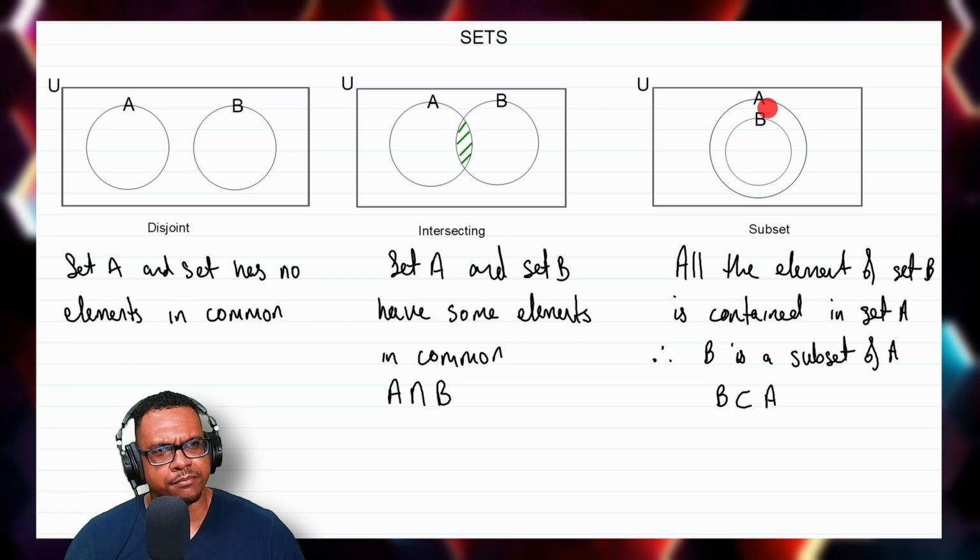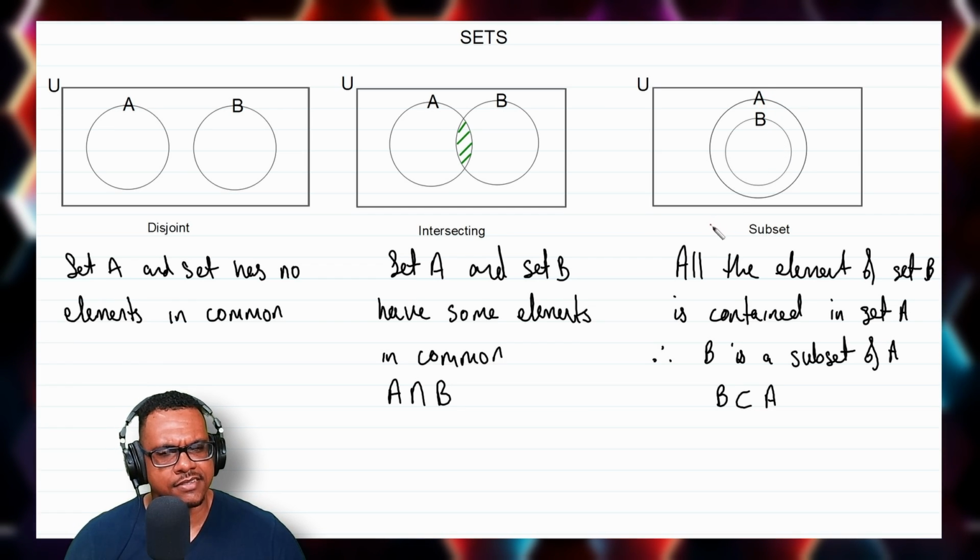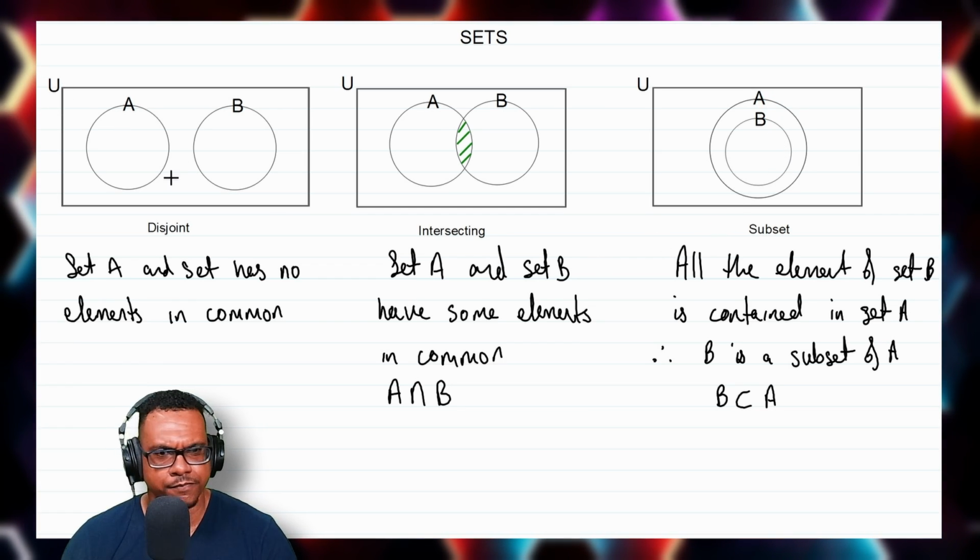Now, if A and B had exactly the same elements, now let me write that down.